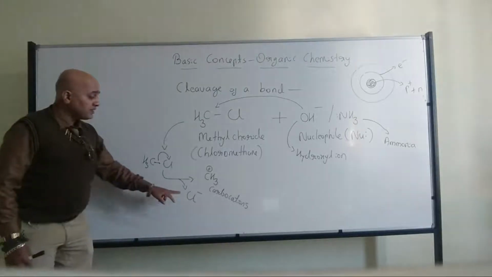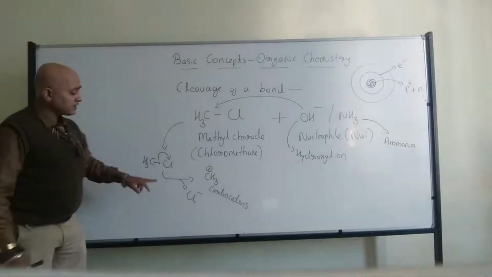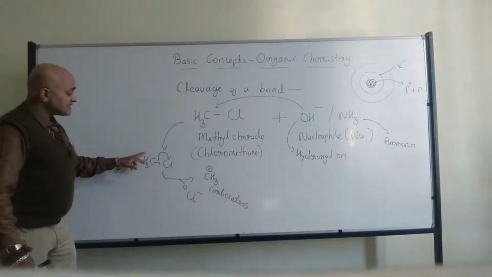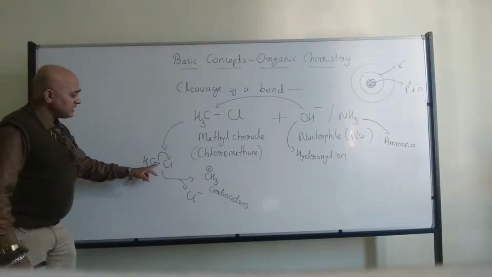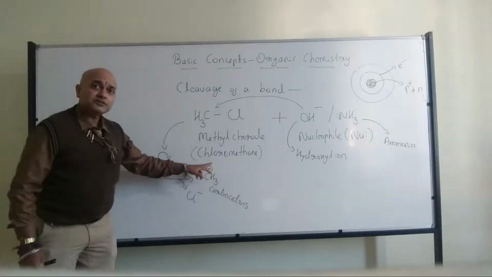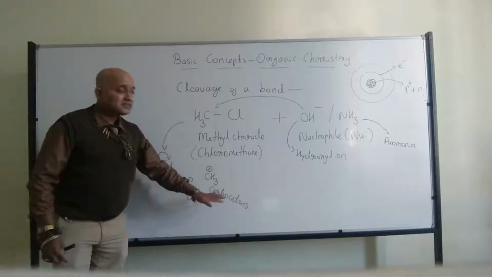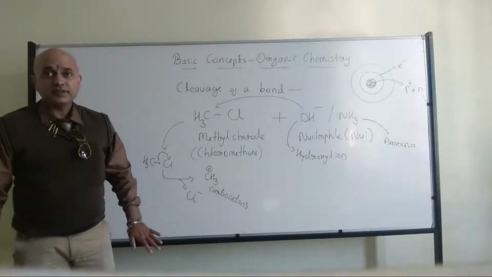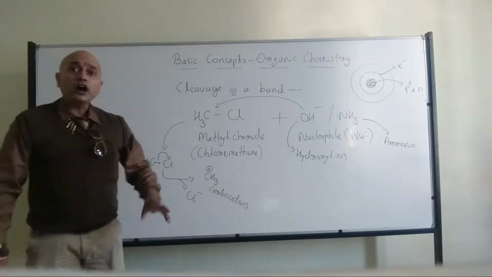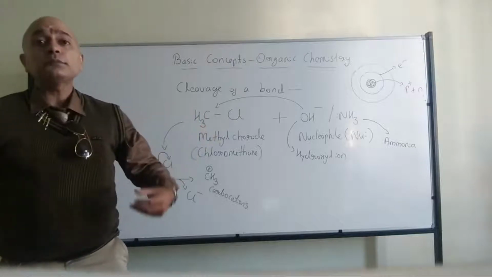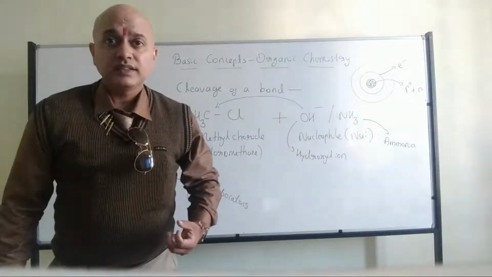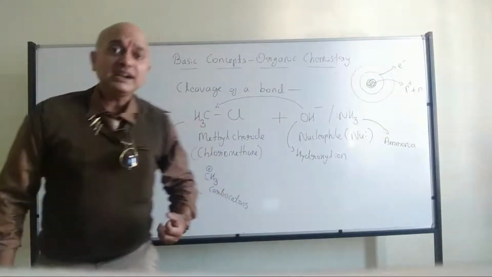Okay. Now electron rich species. So now this carbon, since it has lost one electron, naturally it should gain the positive charge. And we will call it a carbonium ion or carbocation. All of you got my point?